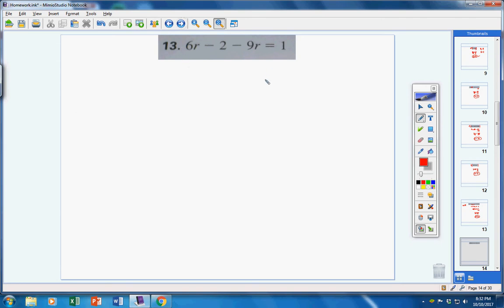Alright, moving on to number 13. First, simplify both sides. R term, positive 6, negative 9. That's a negative 3 with the r. Bring down your constant term, and there we go. Next, eliminate fractions. Next, variable terms on one side, constant terms on the other.